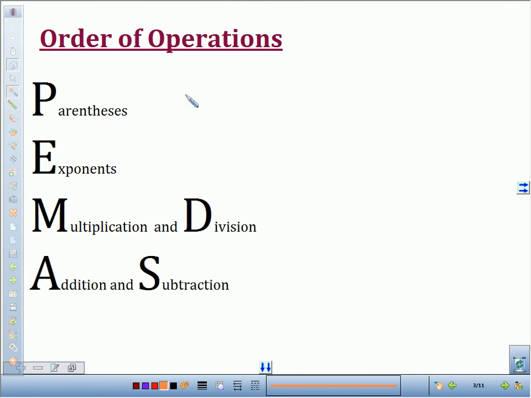After the parentheses are done, we move on to the exponents. Any terms that have exponents in them, any powers, need to be taken care of. After we've done both of those, we move on to multiplication and division. Now you'll see that I've put multiplication and division on the same line. And the reason for that is that when we do multiplication and division, we don't do one before the other.